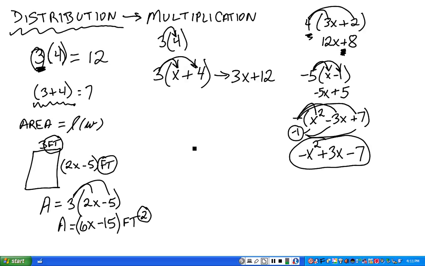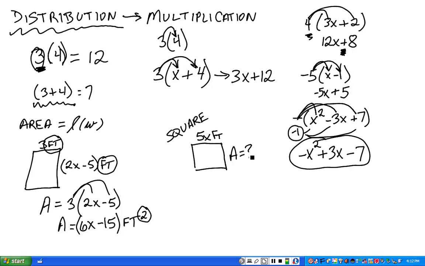Alright, let's look at one more. Let's say we have a perfect square, and I know the width of this square is 5x feet. I want you to give me the area.